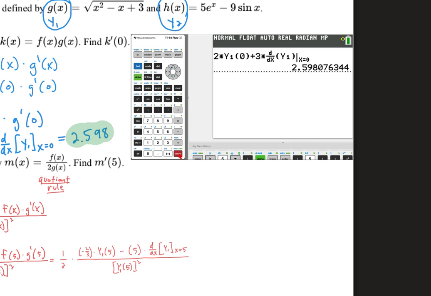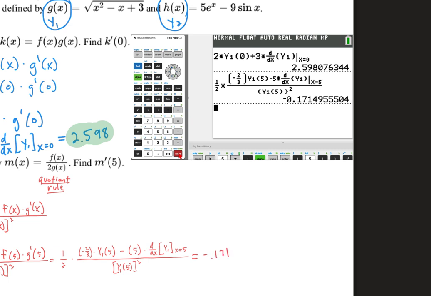Whatever that is, that'll be our answer, rounded to the nearest thousandth.